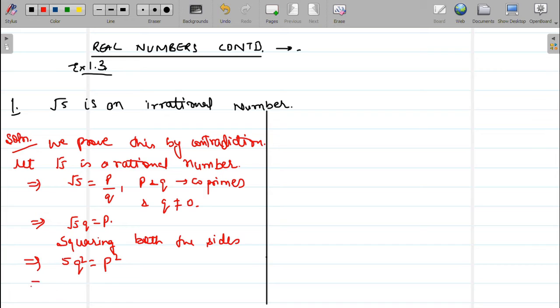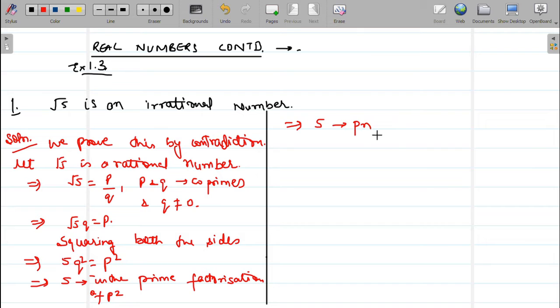This implies that 5 is there in the prime factorization of p square. If 5 is there in the prime factorization of p square, it should imply that 5 is there in the prime factorization of p also, because we know that going from p to p square, we are just squaring the factors.